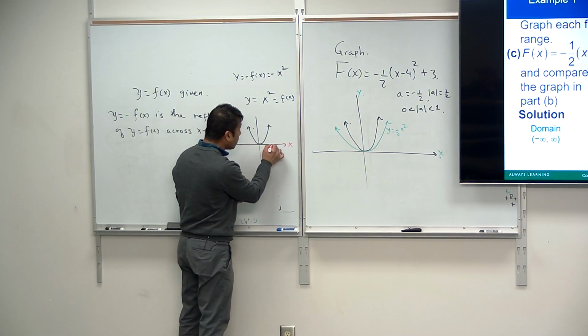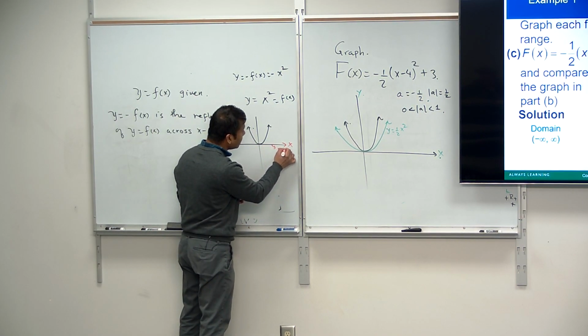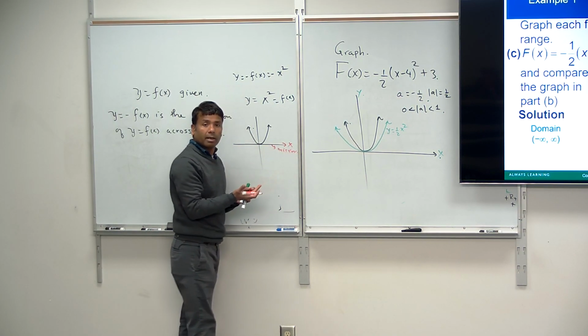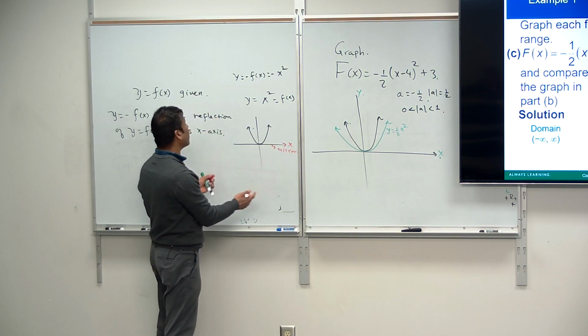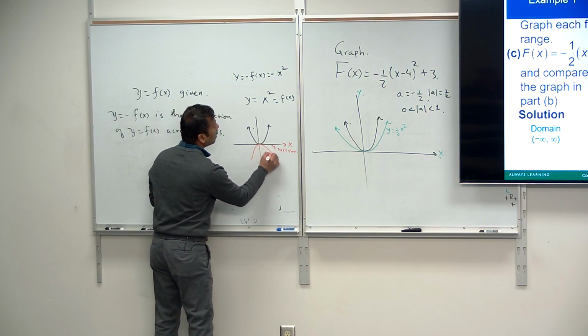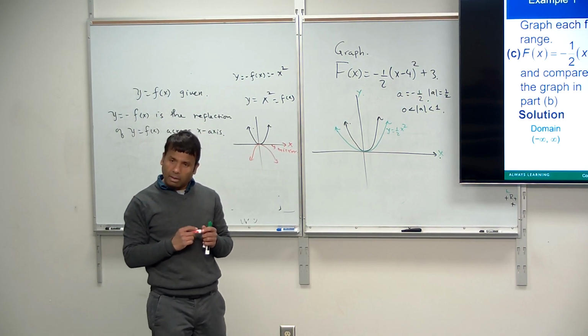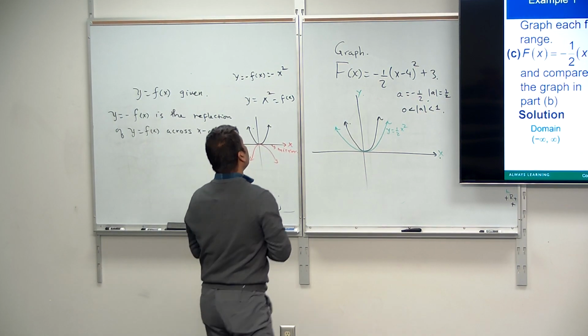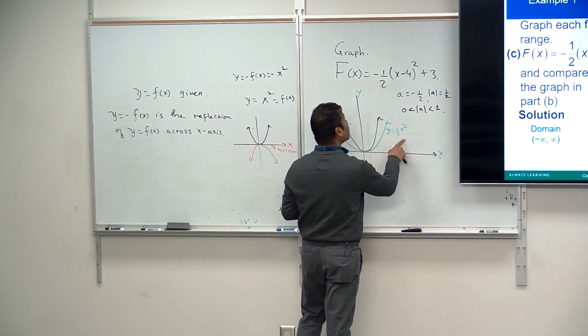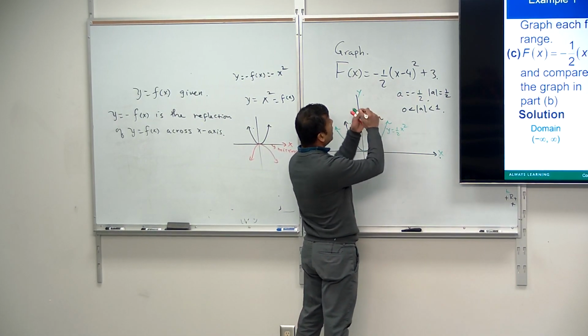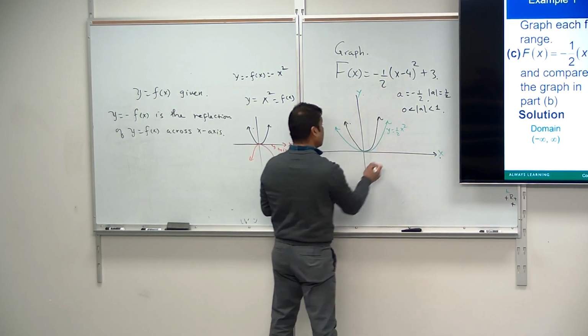This x-axis is like a mirror. You know what I mean? And then when you reflect this, it looks like this. Do you get it? So now here this is y = 1/2 x^2, but we have a negative 1/2, so you reflect this.